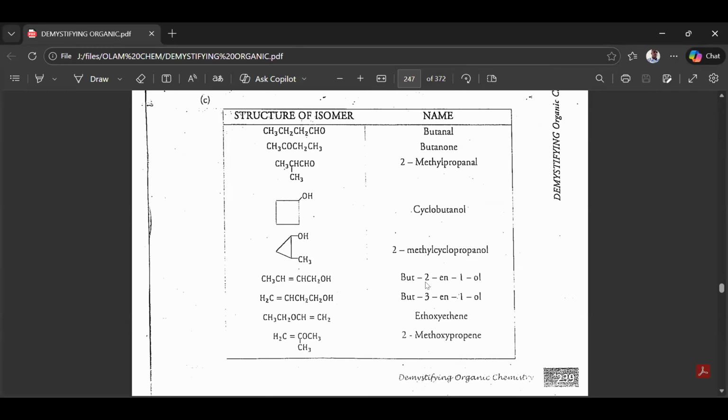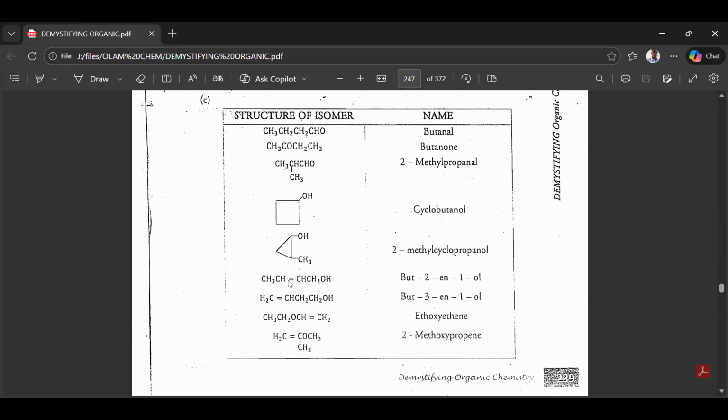That's why this one is called but-2-en-1-ol. That's like a butene, then there is -ol, or an alcohol or hydroxyl group. So whenever you hear the word enols, those are alcohols with a double bond somewhere.